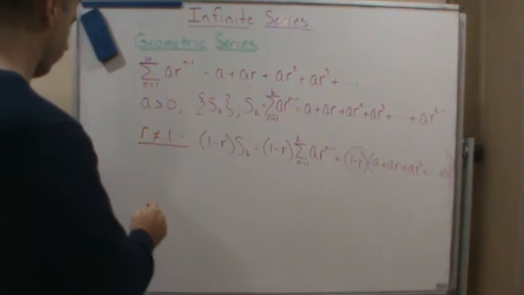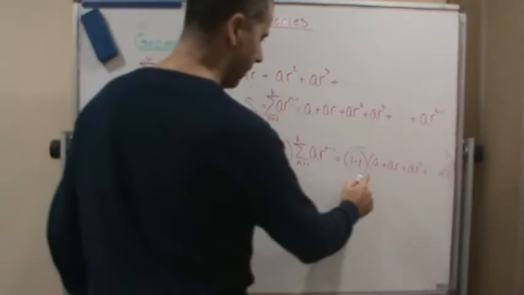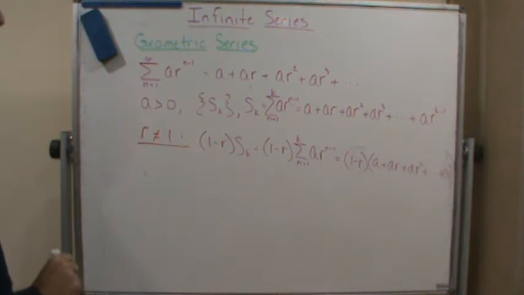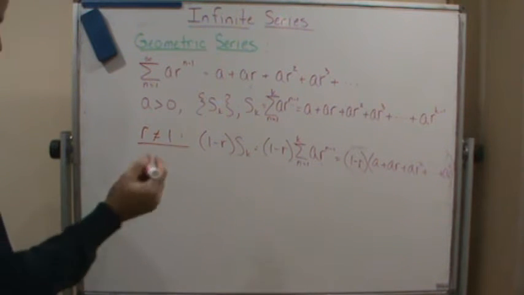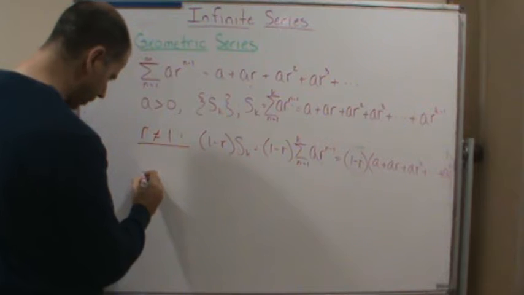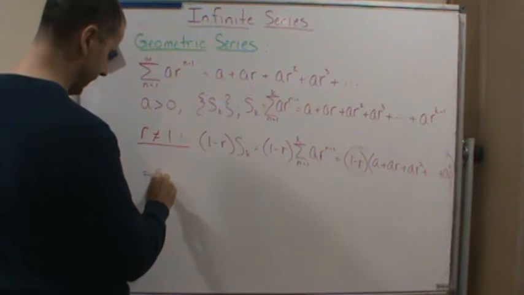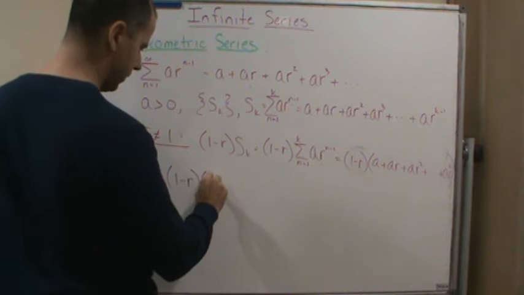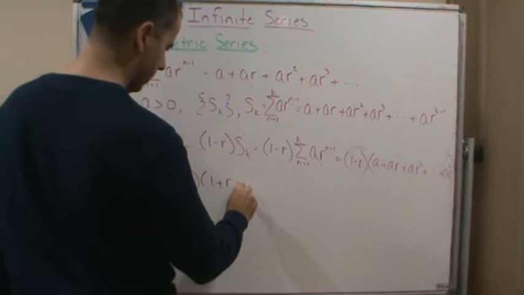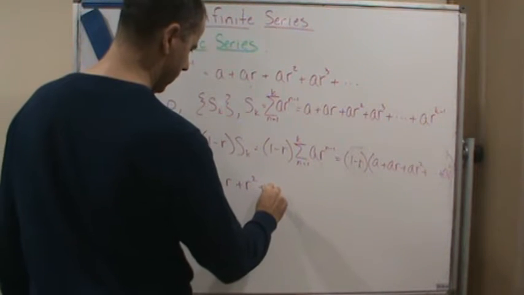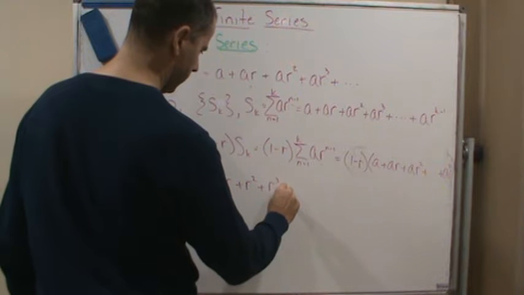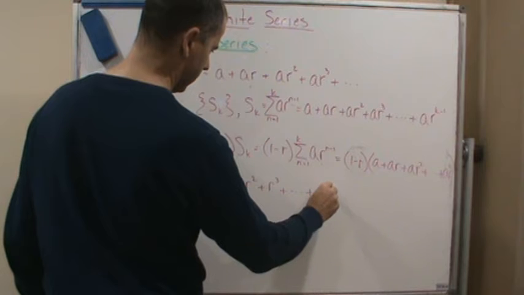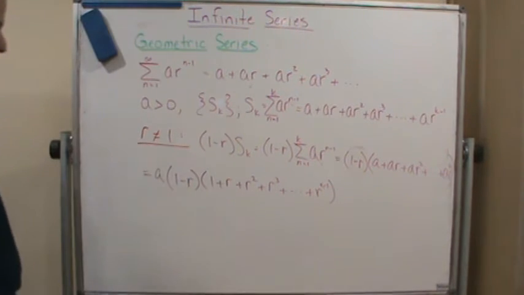Okay, now there's a common factor of A here in this expansion of the partial sum. So if I factor out the A, I get A times 1 minus R times 1 plus R plus R squared plus R cubed all the way up to R to the k minus 1 power.